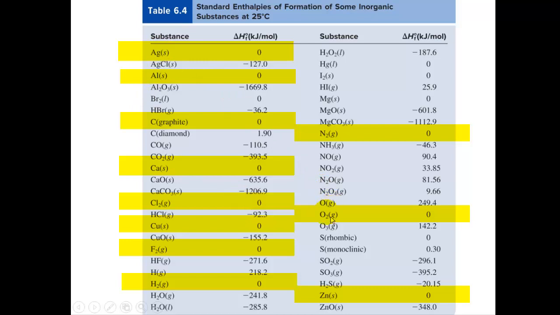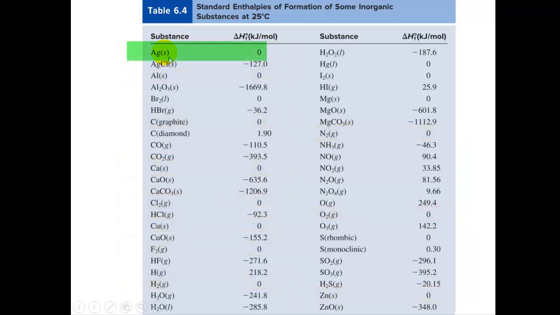Now, for oxygen, it's O2, and that's a gas. That's the basis or the origin set at 0. For silver, Ag, the basis or the origin is a solid, not a liquid, not a gas. And that's set at 0. So everything is relative to silver solid. That is the enthalpy of those compounds that will have silver in them.